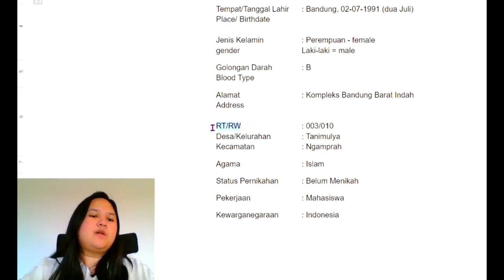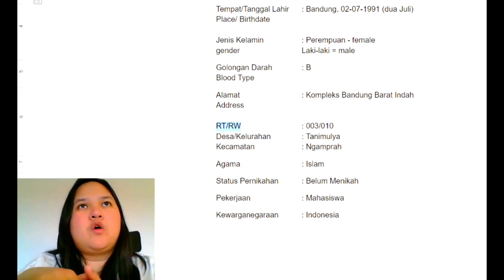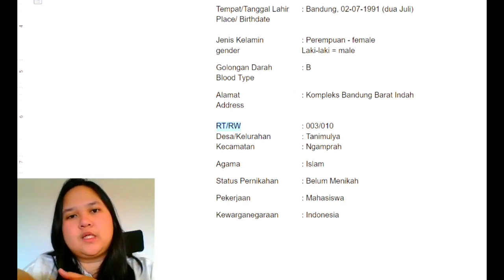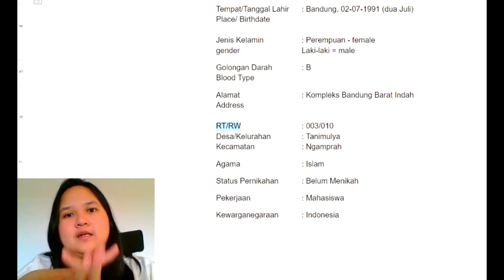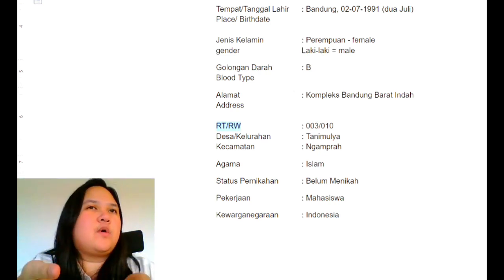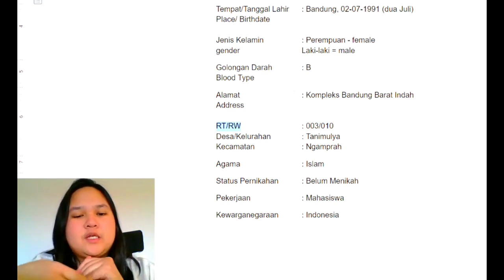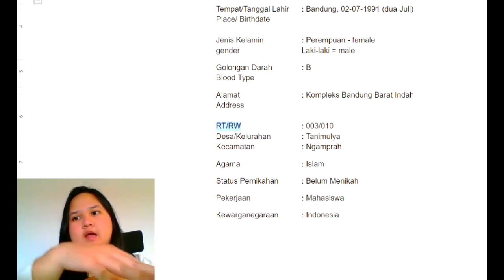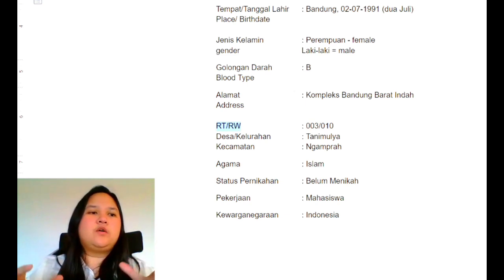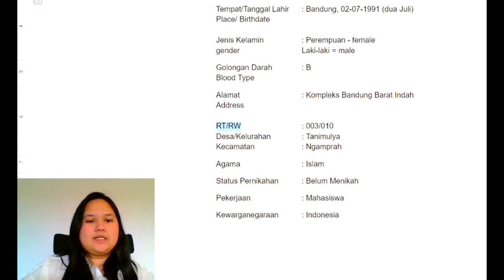RT RW is kind of like a neighbor ID, because we are grouping in Indonesia, most of, or still until now, the majority of the houses are landed houses on the land. You have your own house there, and can you imagine if you are more than 260 million people? So they are quite crowded, especially on Java Island. And all these landed houses have their own chief, their own leader, and it's usually described by numbers, like this, RT and RW.